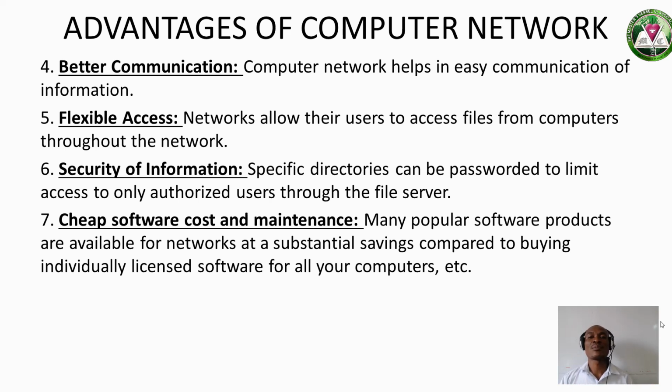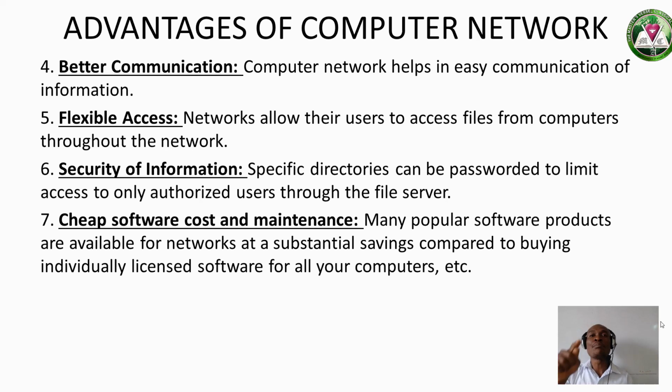The next one is flexible access. Networks allow their users to access files from computers throughout the network. Let me explain. In a computer network, assuming I work with computer 1 and you're working on computer 10, if you need to access the file I am working on from your computer, you can access that file because the computers are linked together.